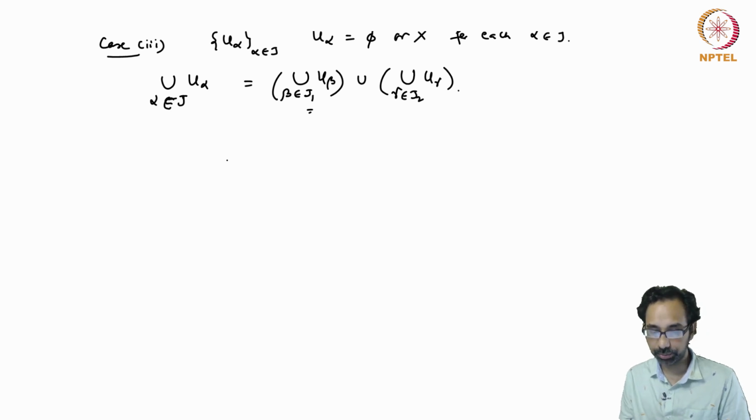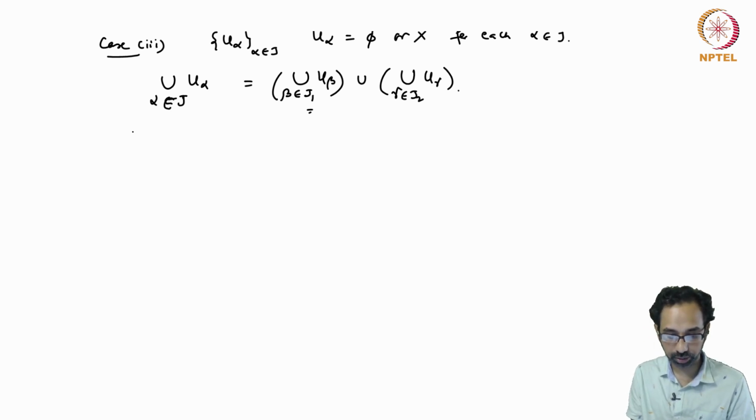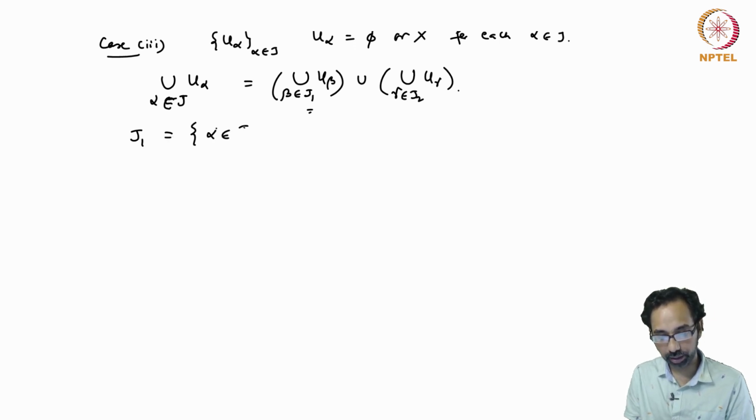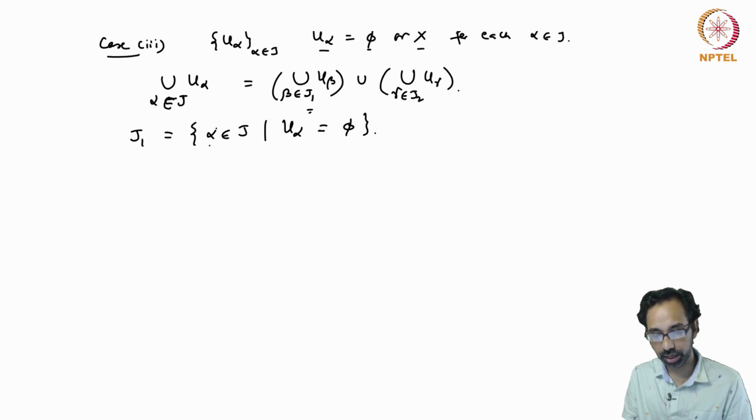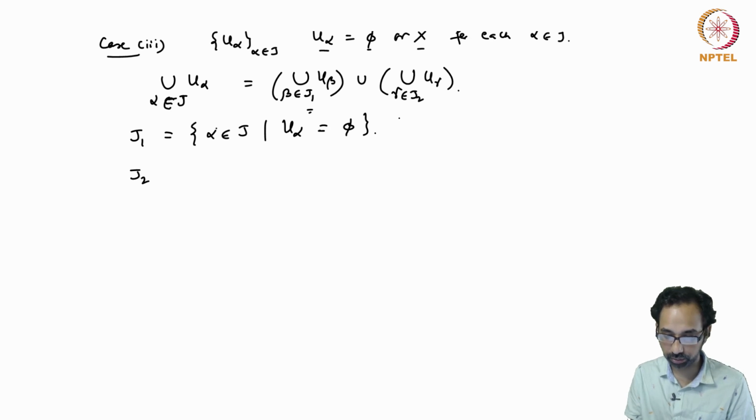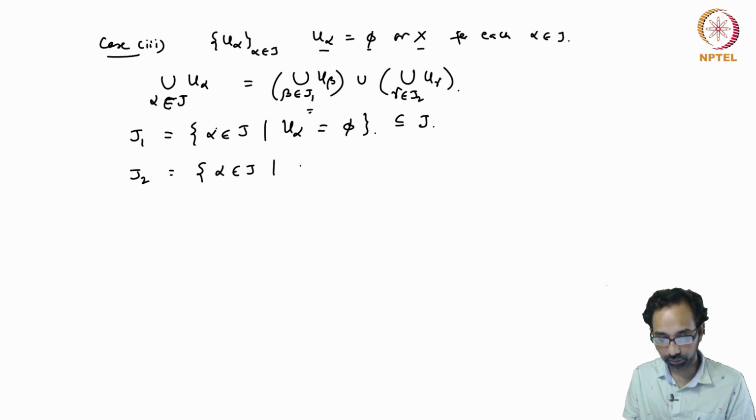So what are these subsets J1 and J2? J1 is the set of elements alpha in J such that u alpha is the empty set. Because u alpha can either be empty or X, the first one takes all these indices for which it is the empty set. J1 is a subset of J. Similarly, J2 is the set of indices for which u alpha is X.